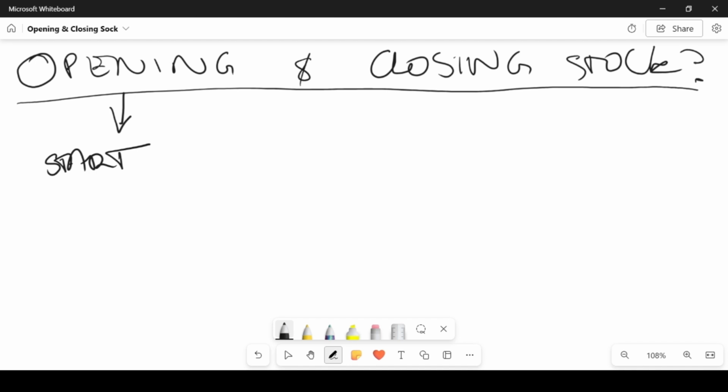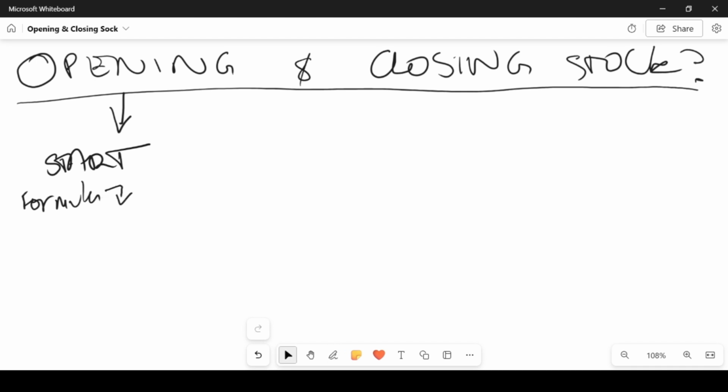So opening stock is the start. The important thing to remember about opening stock is it's simply last period's closing stock. It's the exact amount that we closed with on the last period. Again, either week, month, whatever level you are planning at.